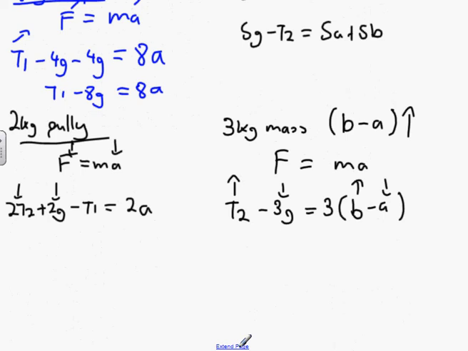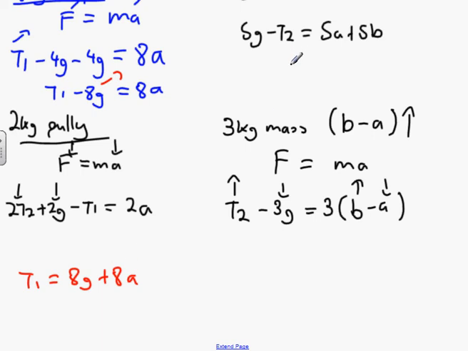Okay. And then T2. I'm just going to make a list below in red. So T1 minus 8g. Yeah, I'll just rearrange that for a second. First one is T1 equals 8g plus 8a.